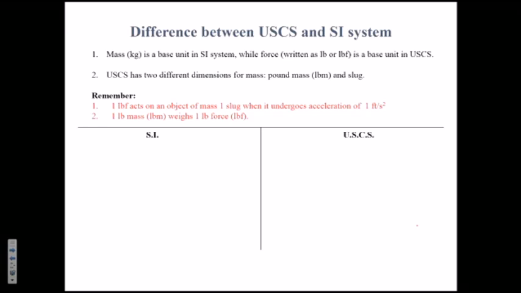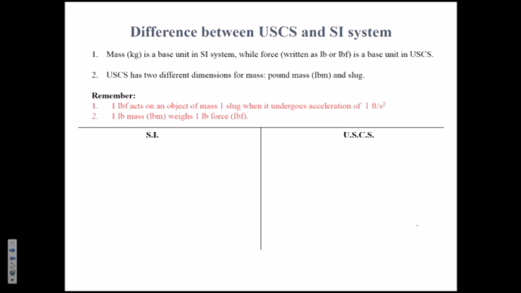If you look at this fact, you can clearly see that 1 kilogram in SI is equivalent to 1 slug in USCS. So the role played by a kilogram in SI is the role played by the slug in USCS. That's all it is. There is a clear parallel between the two, and everybody should remember this: kilogram and slug behave similarly across the two unit systems.